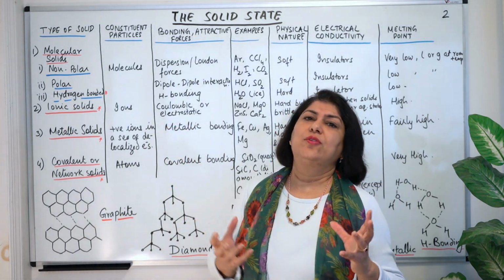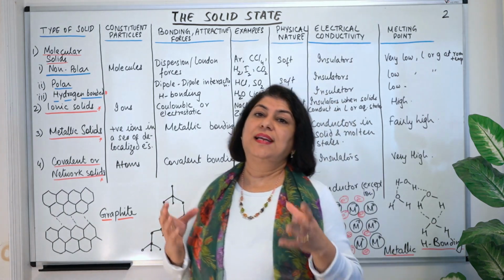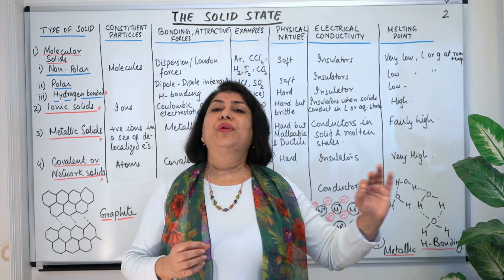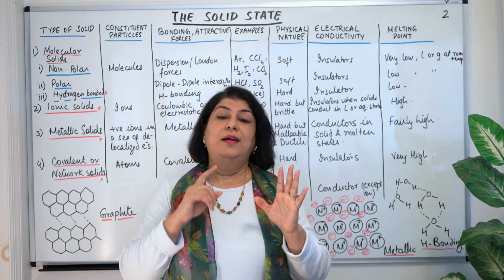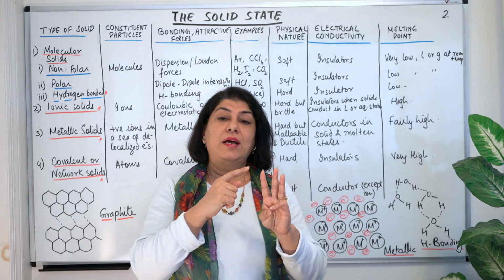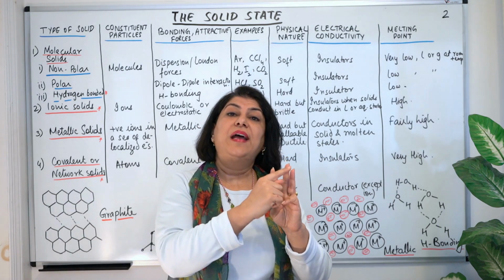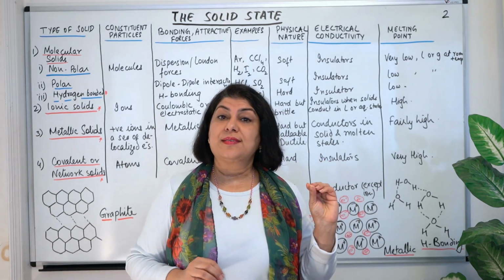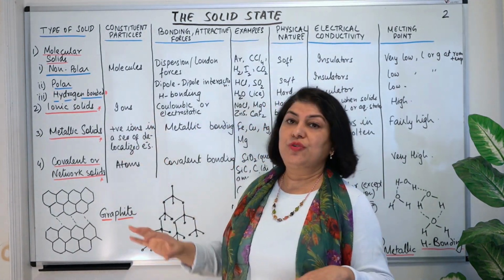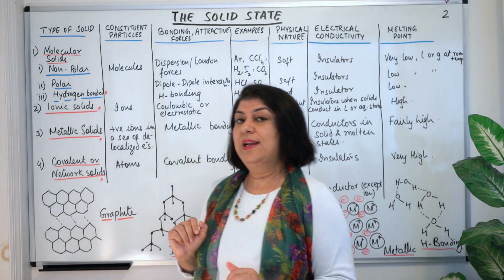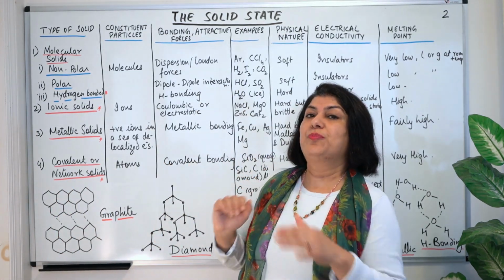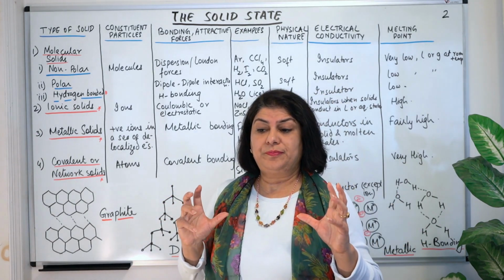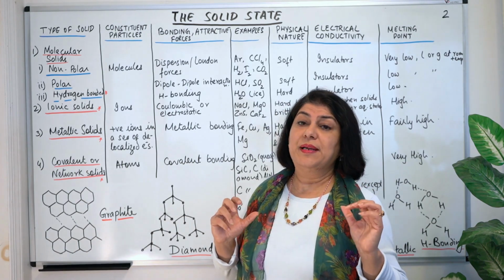So when does hydrogen bonding take place? Hydrogen is an electropositive nonmetal, and the most electronegative nonmetals are in the first period. That is, you have nitrogen, oxygen and fluorine. These are the three most electronegative nonmetals. So what happens when hydrogen, which is the most electropositive nonmetal, forms a covalent bond with any of these three most electronegative elements?